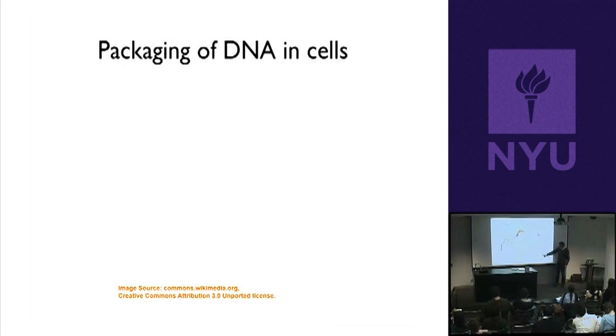This is one level of compaction: you have what's called beads on a string. Instead of one long string, you have a string, then a winding, then a string and a winding. Then those wound parts stack up onto each other, and those stacked up things fold in on each other. Ultimately, you have this compacted thing that looks like a chromosome.